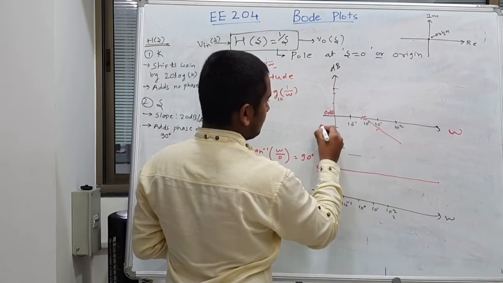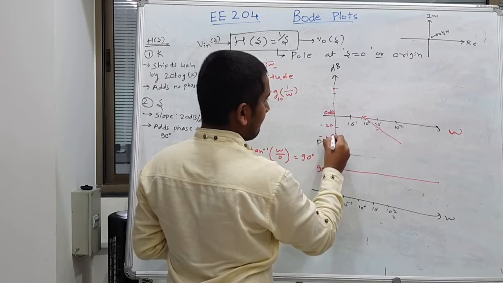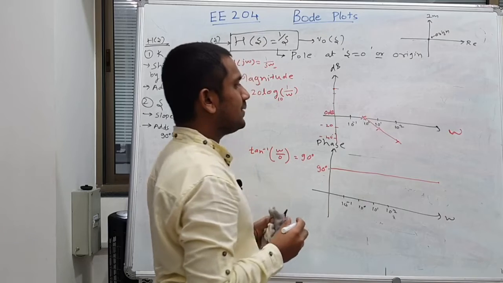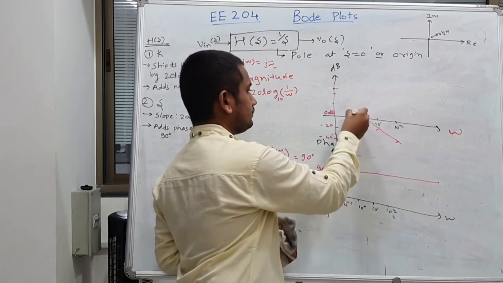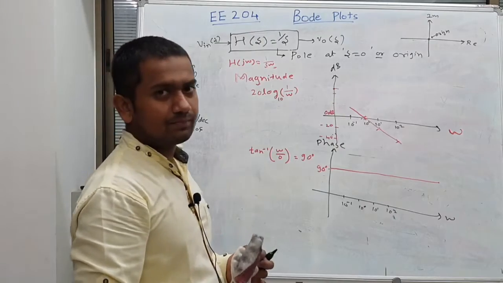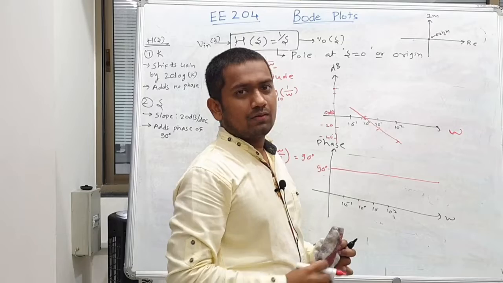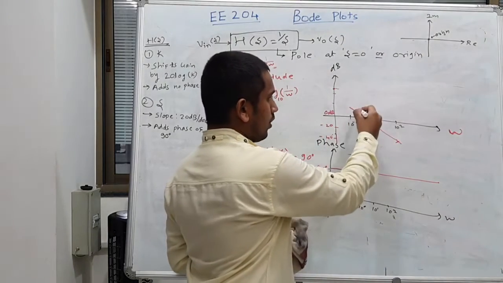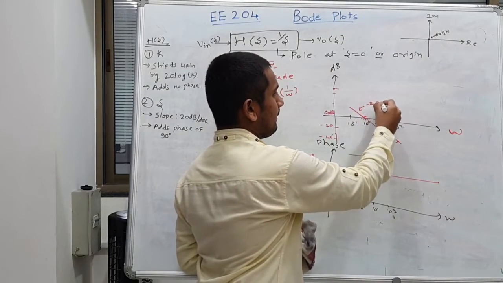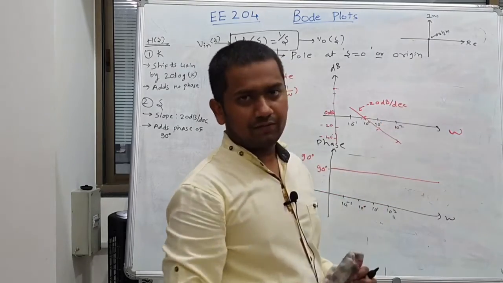So this is minus 20 and this is somewhere minus 40. It means that a pole at origin degrades gain with a slope of minus 20 dB per decade change in the frequency.